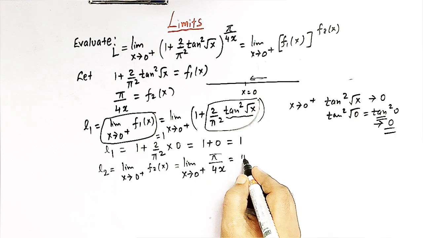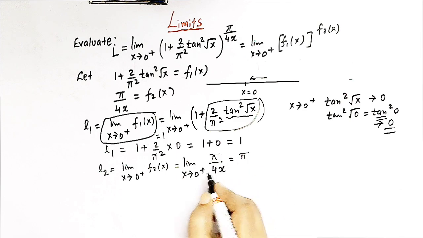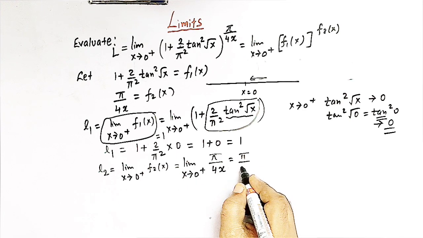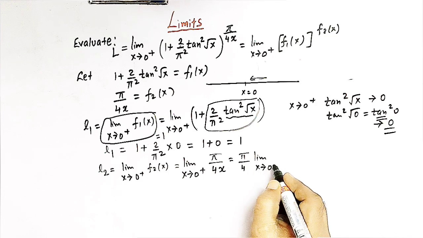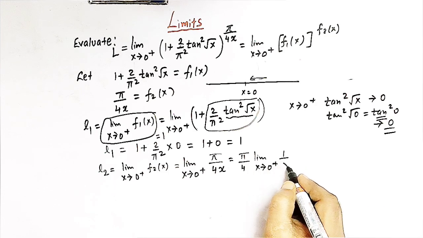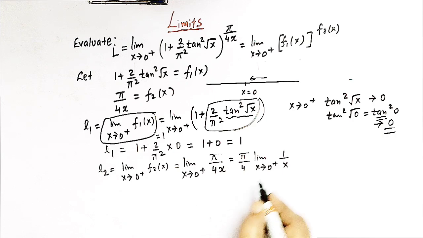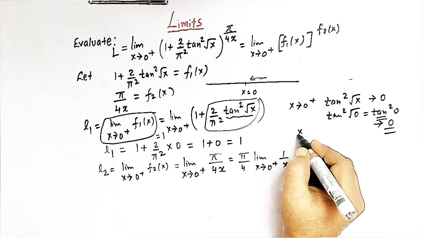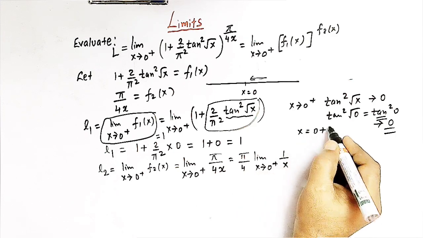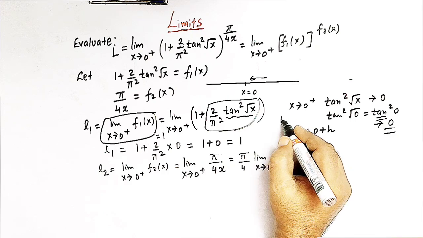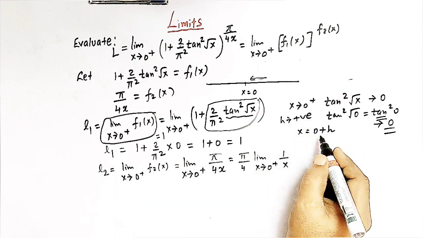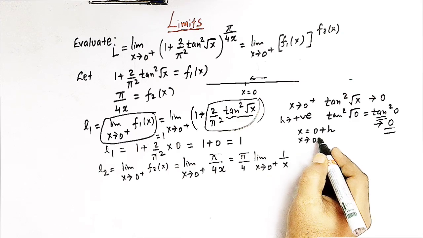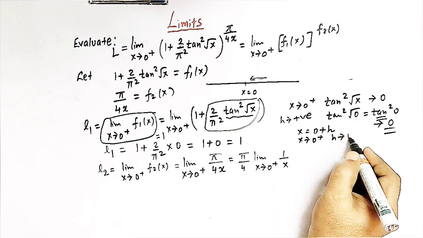So we can now write π/4 in front of the limit notation. So we have limit x tends to 0 positive of 1/x, right? So here if we take x equal to 0 plus h, where h is a positive quantity and h lies between 0 and 1. So when x tends to 0, then h tends to 0.